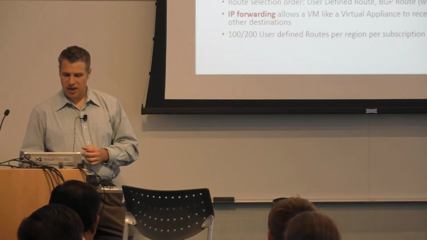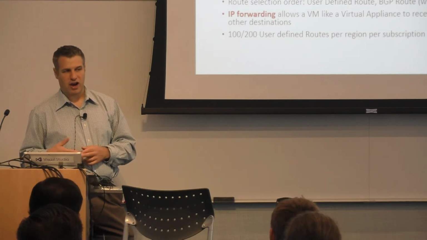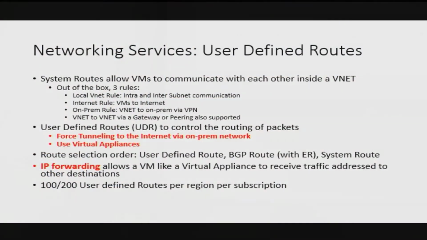All right, and then the last thing to talk about for network services is user-defined routes. So user-defined routes are what we talked about a little bit earlier, where I may, in my VNet, want the traffic to get routed through a virtual appliance or back to on-prem because I want to inspect all the packets. I have to do that for compliance reasons.